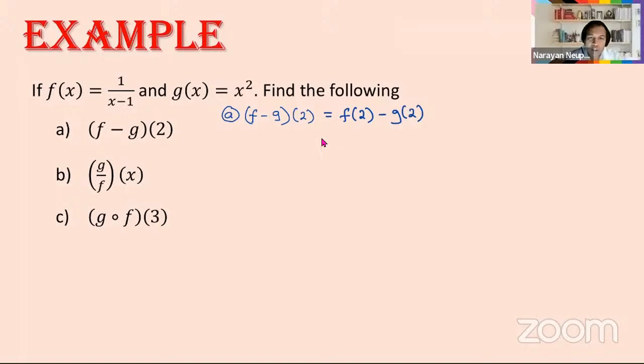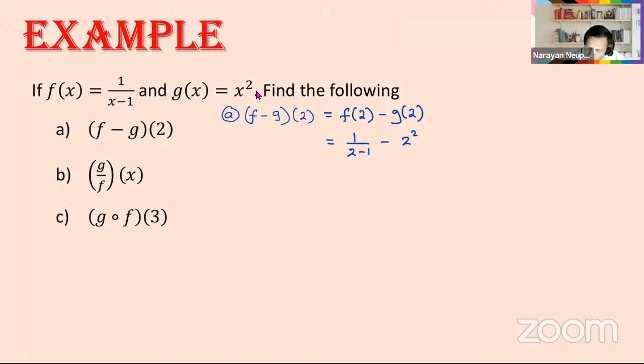Now, if you look at the function carefully, to find f of 2, I have to plug in 2 into this function f of x. So it will be 1 over 2 minus 1, since f of x is 1 over x minus 1. Then minus g of 2, and g of x is x squared, so g of 2 will be 2 squared.